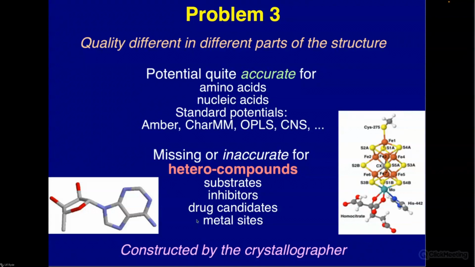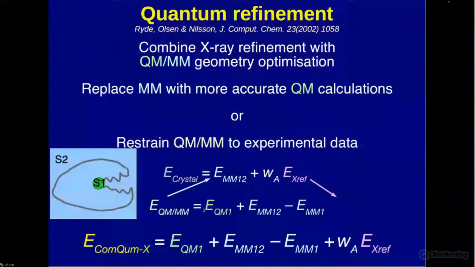You use quantum mechanics for a small part and then molecular mechanics for the rest. And here we replace the empirical restraints with a QM/MM energy function, which equivalently could be seen as a QM/MM optimization with restraints toward the crystal structure.